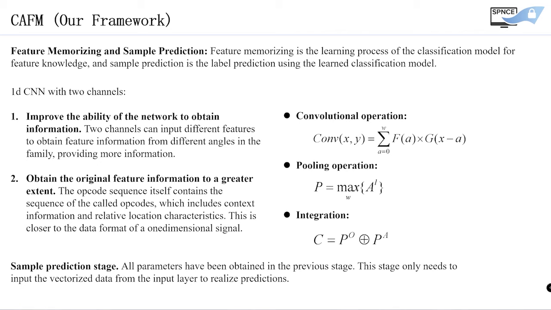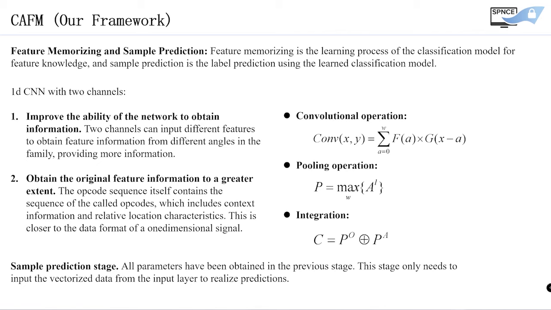Second, obtain the original feature information to a great extent. The opcode sequence itself contains the sequence of the called opcodes, which includes context information and relative location characteristics. This is closer to the data format of a 1D signal.